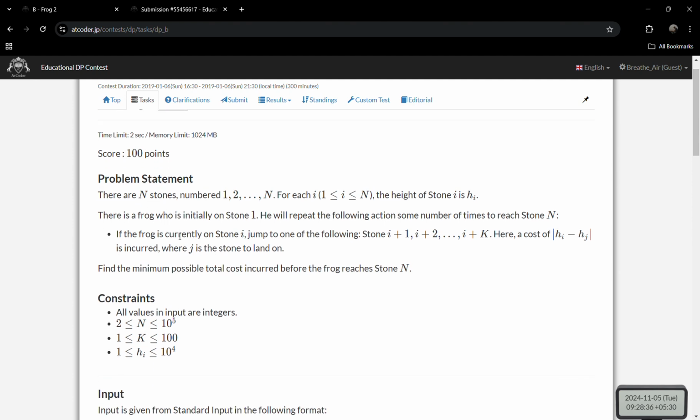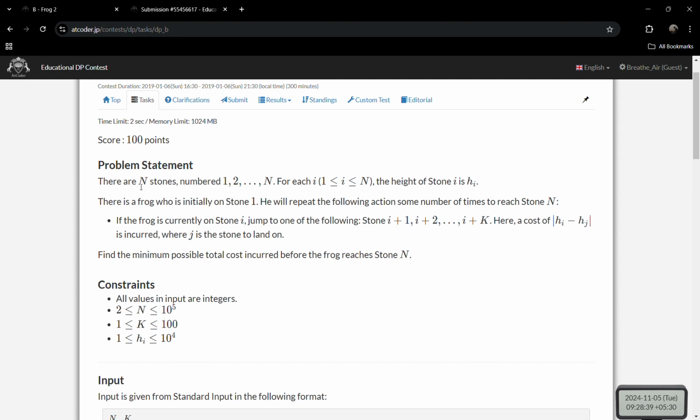And this Frog 2 question states that there are n stones numbered from 1 to n. For each i, 1 less than or equal to i less than or equal to n, meaning for every index, the height of stone i is h_i. There is a frog who is initially on stone 1. He will repeat the following action some number of times to reach stone n.